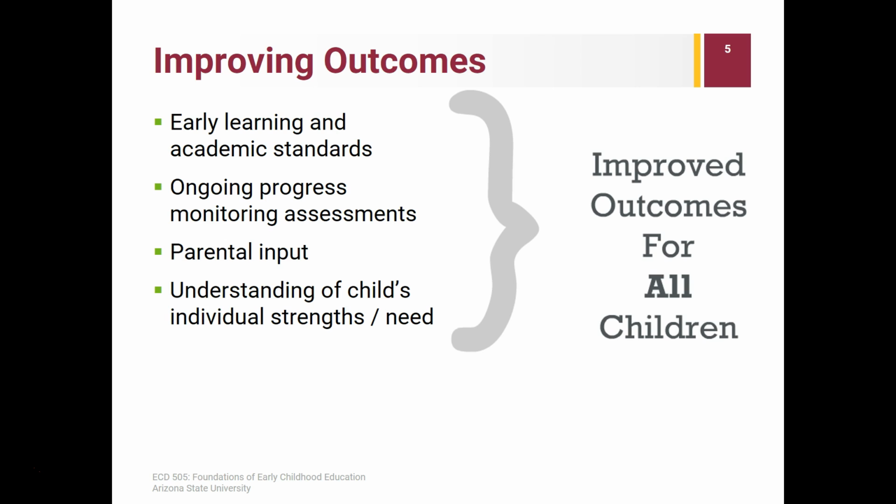That instruction is then monitored regularly. Monitoring permits you as a teacher to have a clearer understanding of each child's unique set of strengths and needs. The information you get from monitoring permits you to make changes to your instructional activities to optimize learning. At the same time, it is important to be communicating regularly with parents as they can provide useful information to help you in your efforts.